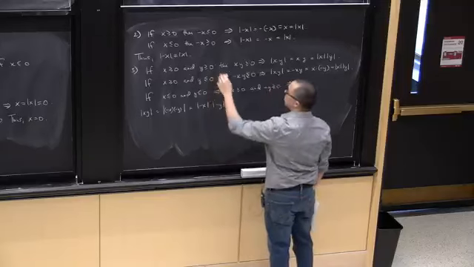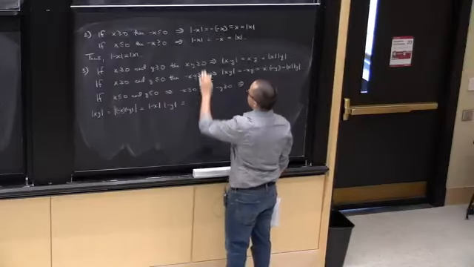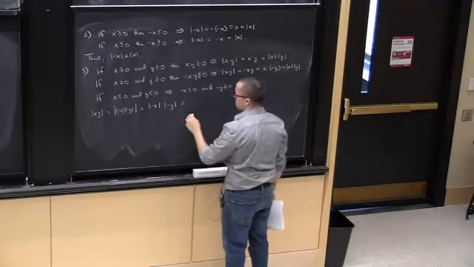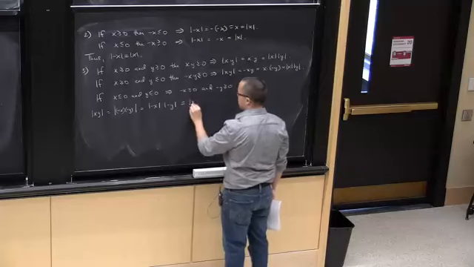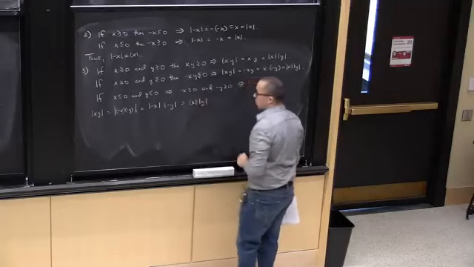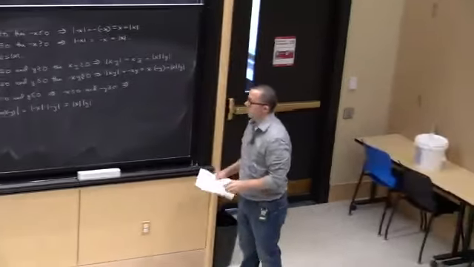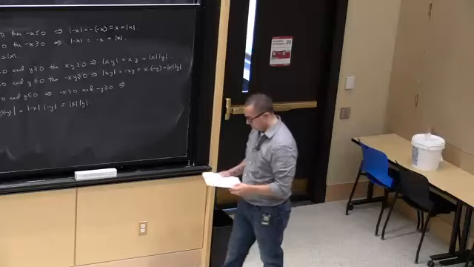And by number 2, which we've already proven, the absolute value of minus a number is equal to the absolute value of the number, we get that. Okay? So that's 3.